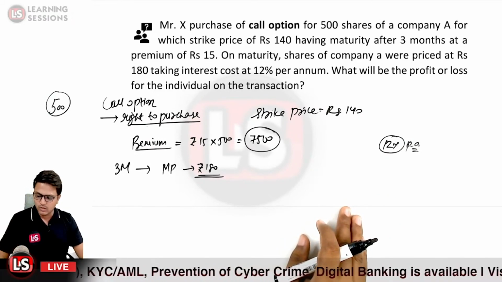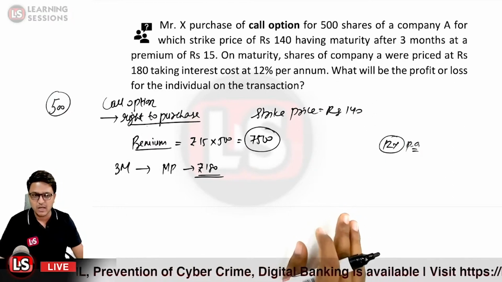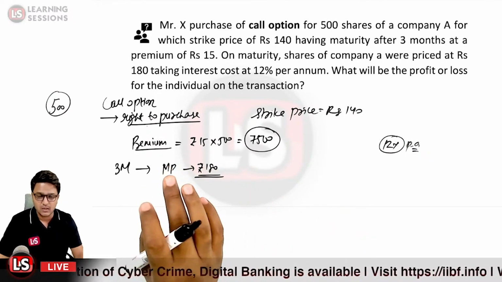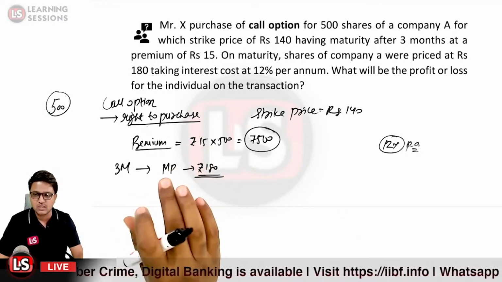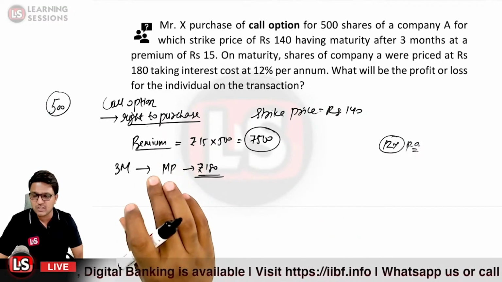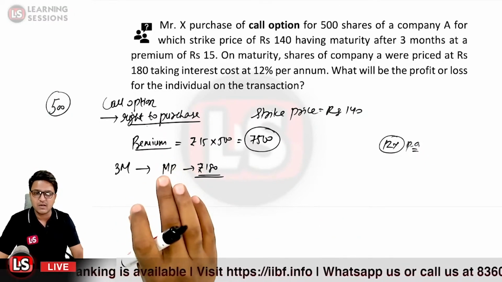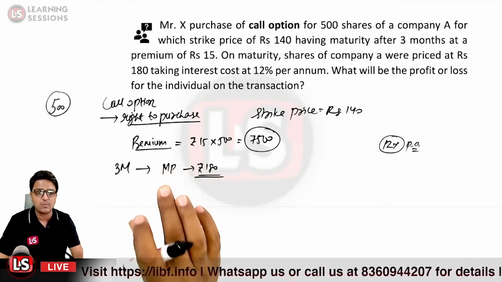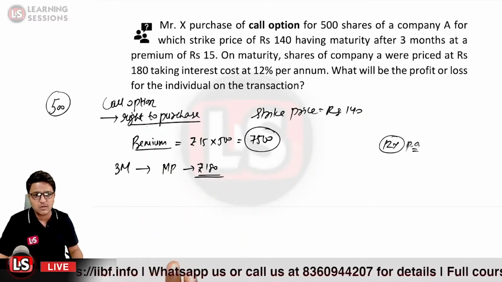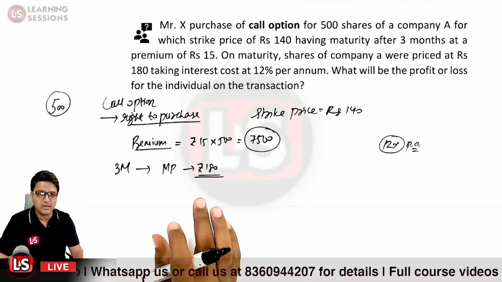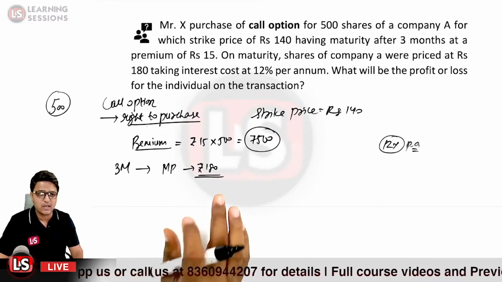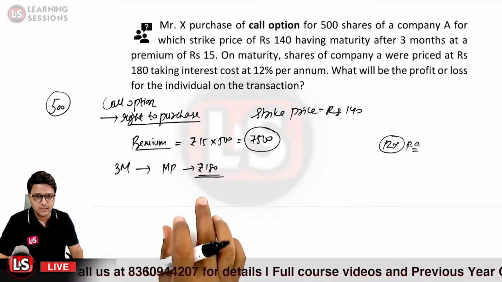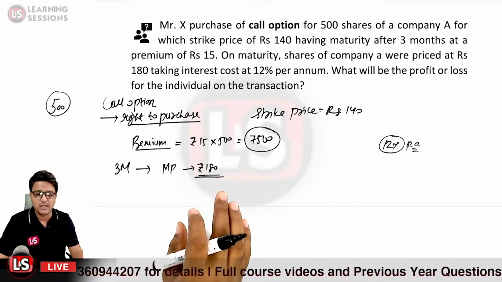So we need to answer this question keeping in mind that we have opted for the call option, which gives the option purchaser a right to purchase at some particular price. In this case we have the strike price of rupees 140, and the market price after 3 months is rupees 180.